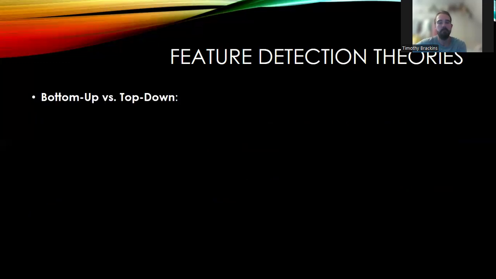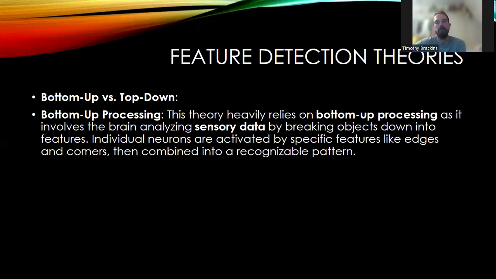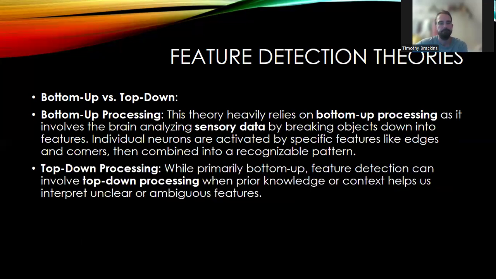So how does it make use of bottom-up versus top-down processing? Well, as we discussed, it relies heavily on bottom-up processing, which involves the brain analyzing the sensory data by breaking it down into each specific feature, identifying the critical features, to identify the object. The top-down processing here is not really part of the theory. This would be expanding on it by suggesting that in order to identify it as a whole, we would use top-down processing.